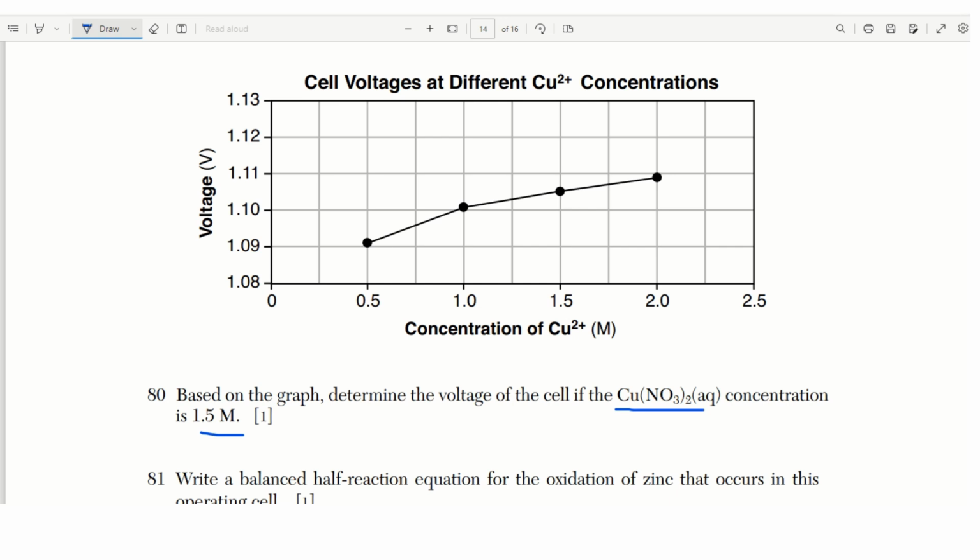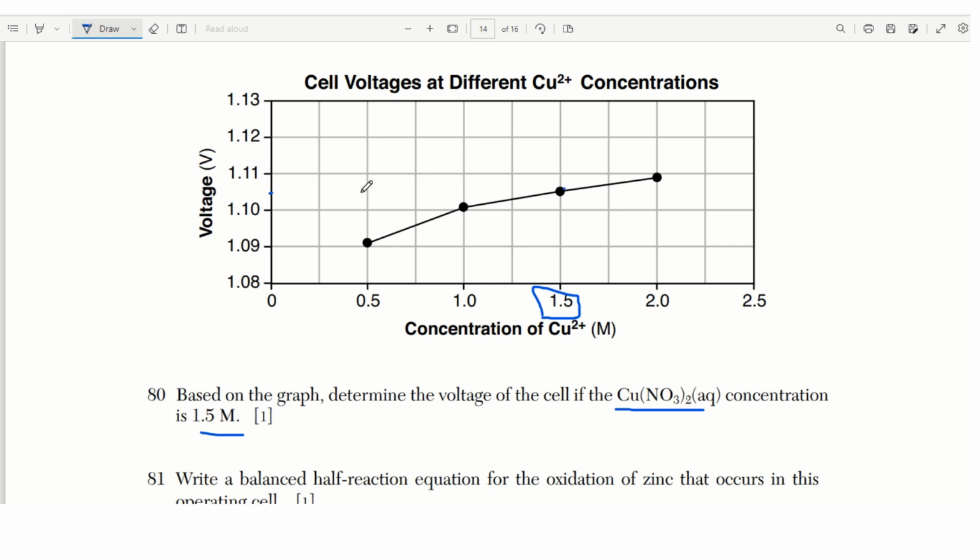Okay, so I literally just have to read the graph, right? So here's 1.5 molar for the concentration. I have a point there. So now I need to go over here and estimate, right? So it needs to be between 1.10 and 1.11.